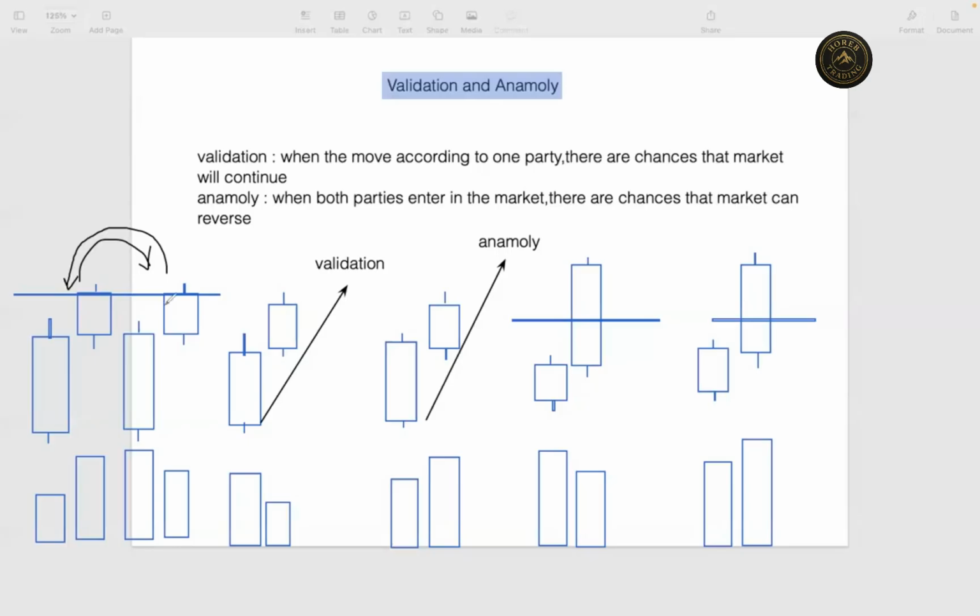Okay, in this first place you can see that the volume increases at resistance. That is not normal. Buyers cannot increase volume at resistance, so it's a clear sign that buyers are strong, so the price can break the resistance. But in the second position we have decreasing volume at resistance.